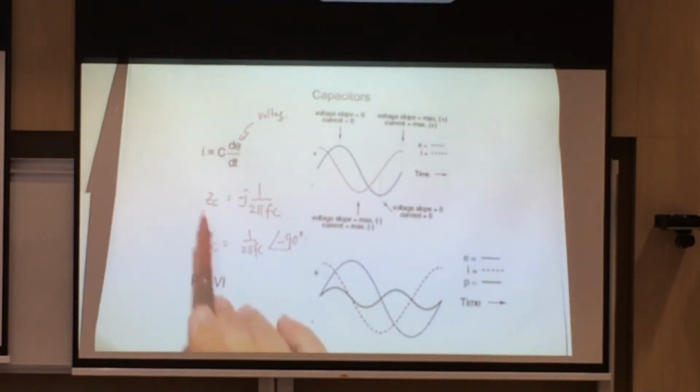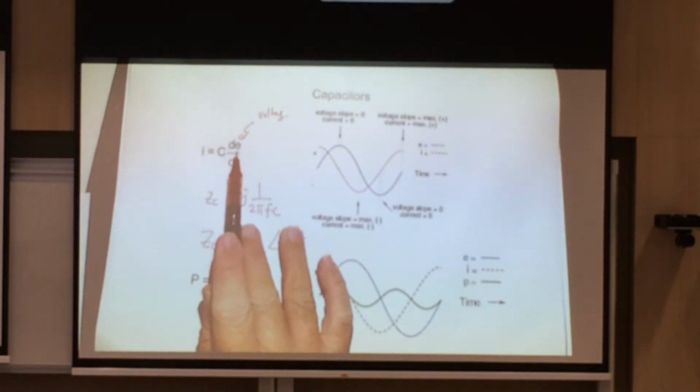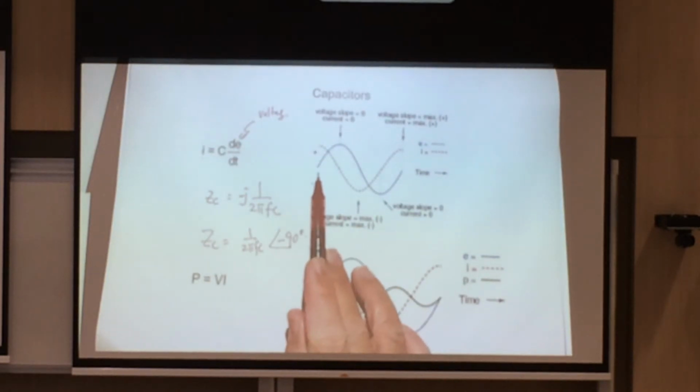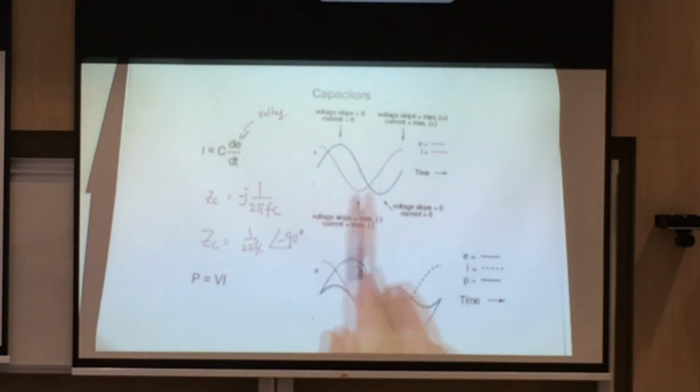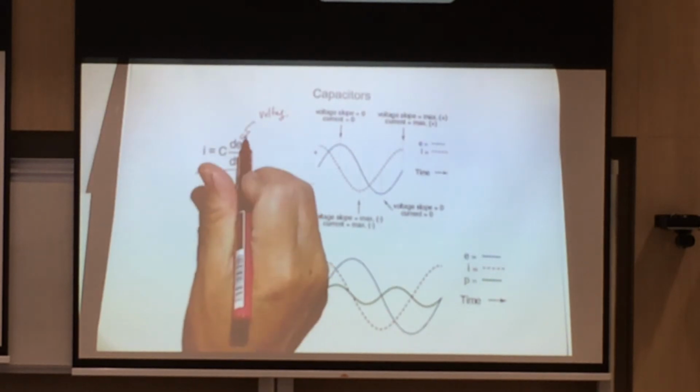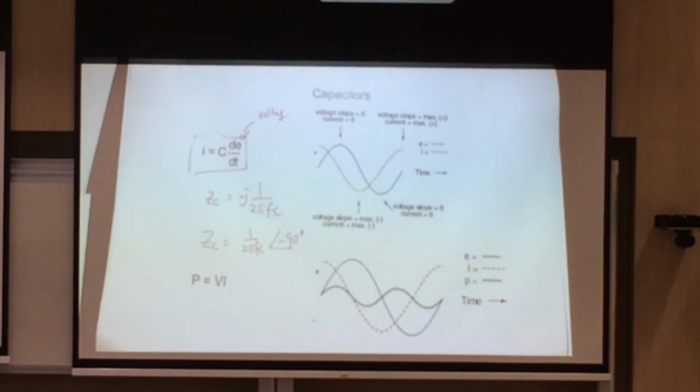So in this case, your current is a differentiation of E, right? So current goes first, voltage later. Now, the other one is E is equal to L di/dt.